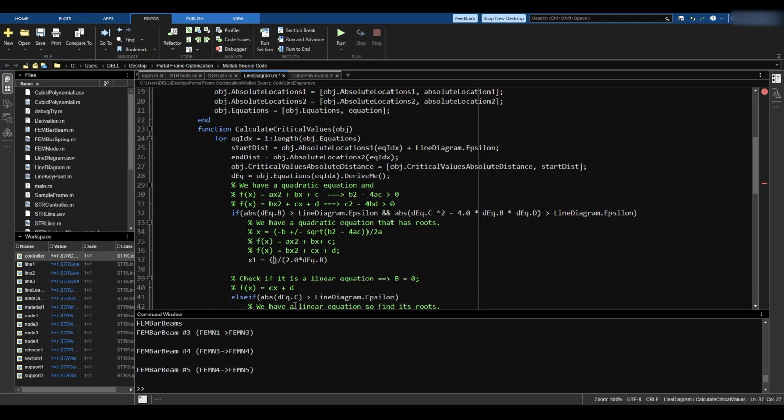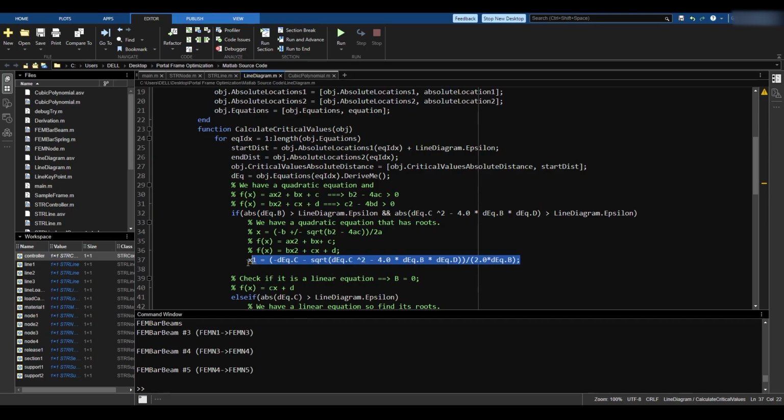So minus derivative equation dot c, because the b is our c in our equation. Then minus square root of, and here we can say derivative equation dot c square. Oh, it's actually this one. I can copy and paste it here. Yep, that's x1. I started with the minus here to make it smaller because I want to sort them.